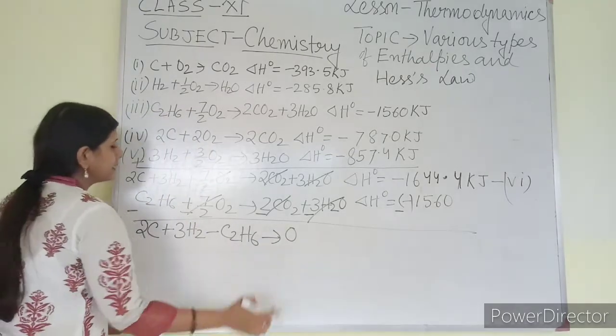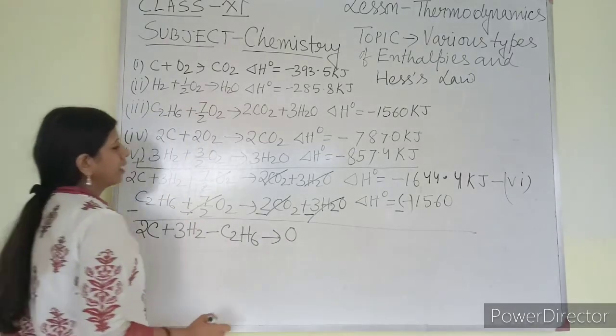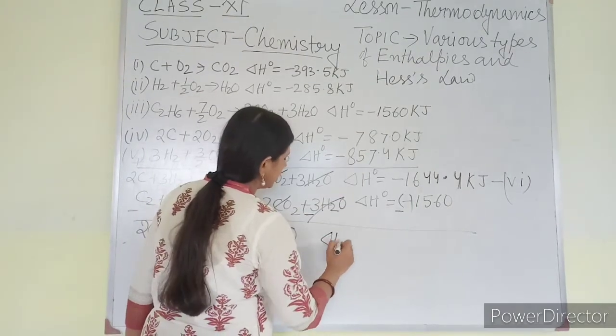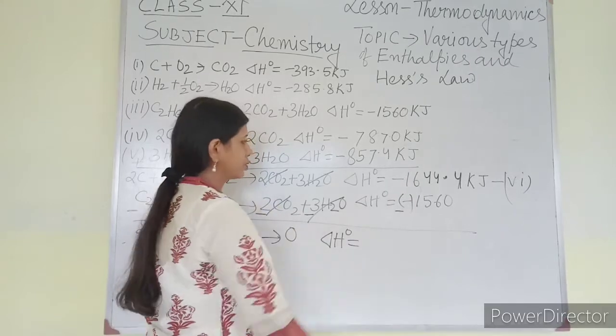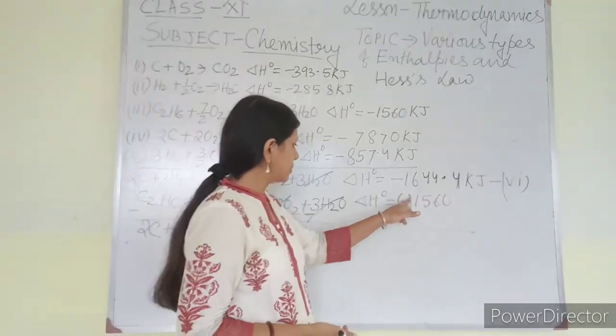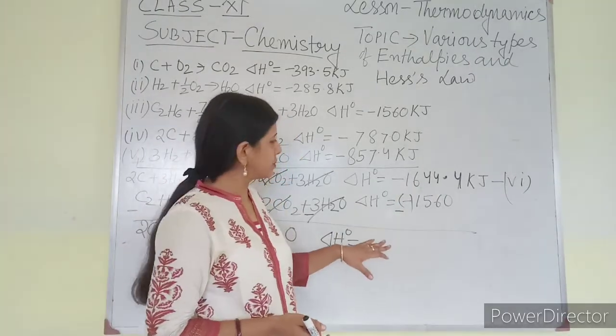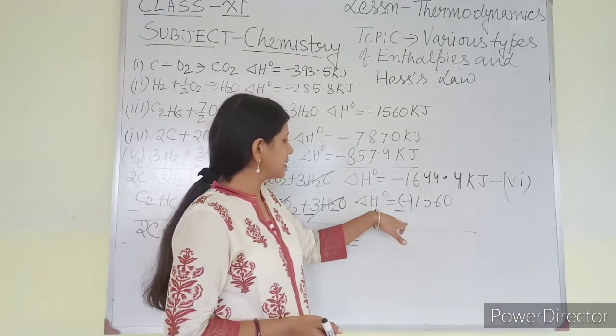So I will take it to this side. Okay. And what is the delta H? Delta H equal to this one plus this one. That means this is plus, plus, minus minus is plus. So this plus this one.